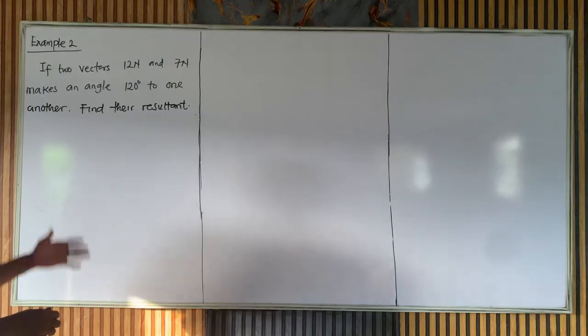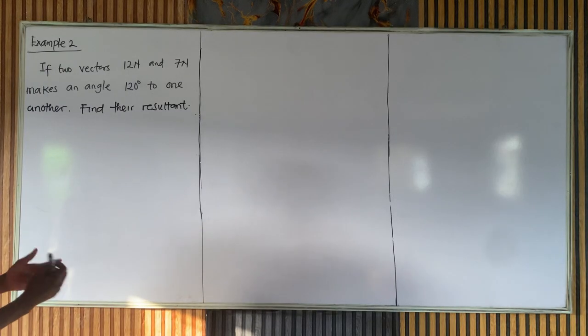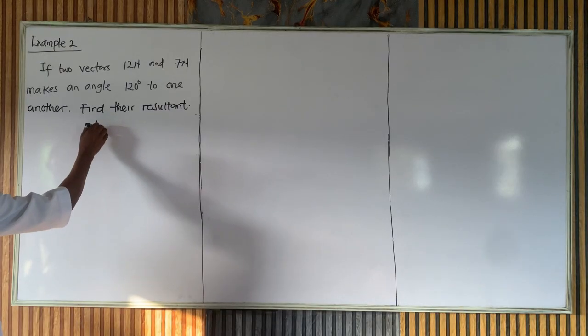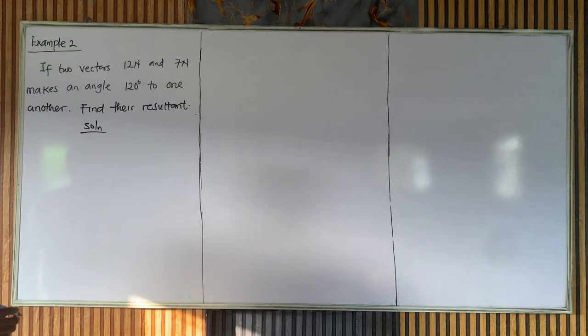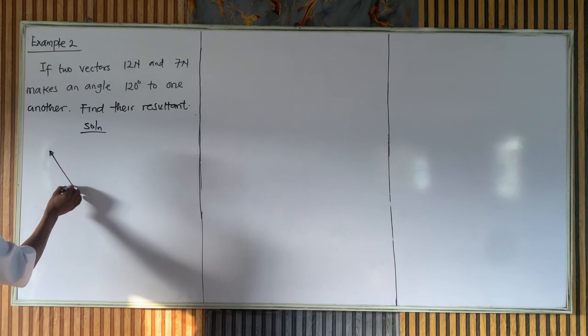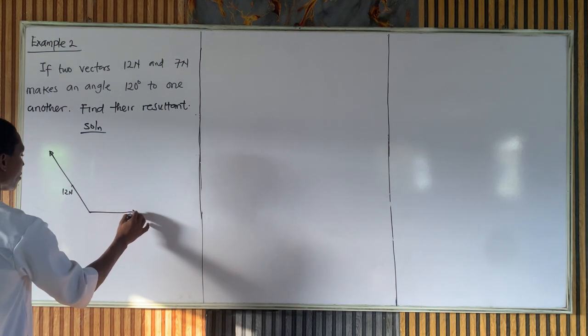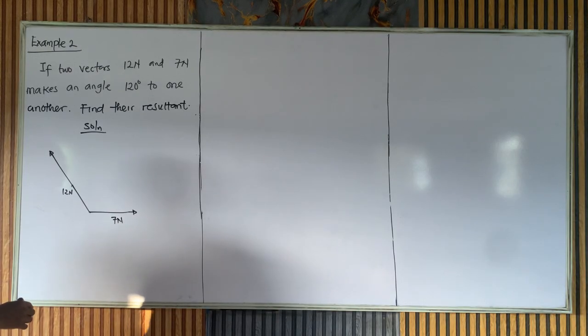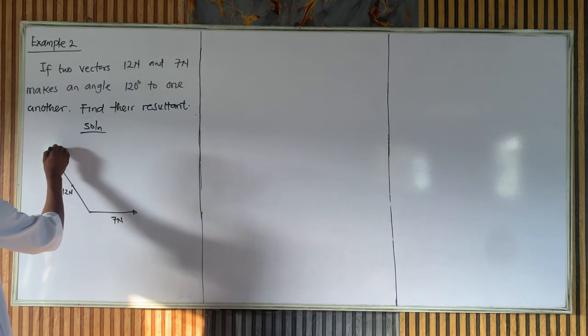Let's take another example. If two vectors, 12 Newton and 7 Newton, make an angle of 120 degrees to one another, find their resultant. Well, let's solve this question now. Here we have 12 Newton and 7 Newton, and for their resultant, let's make this a parallelogram.